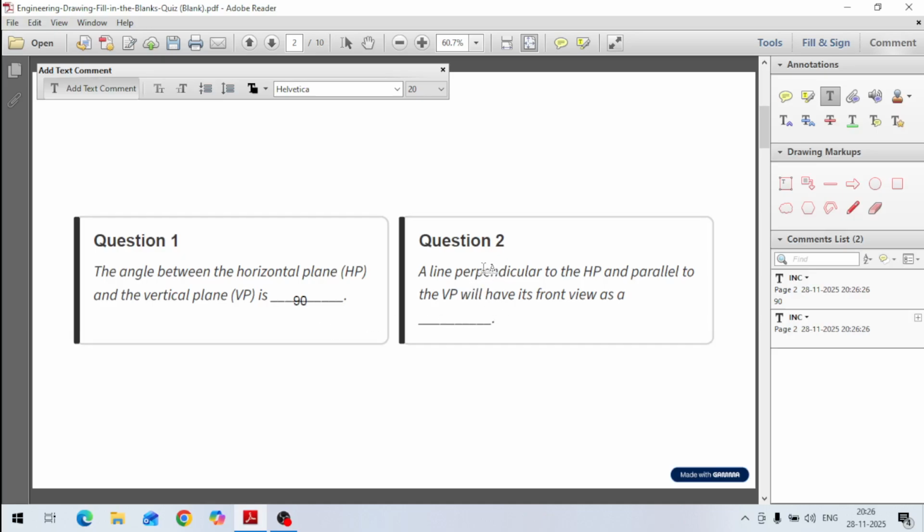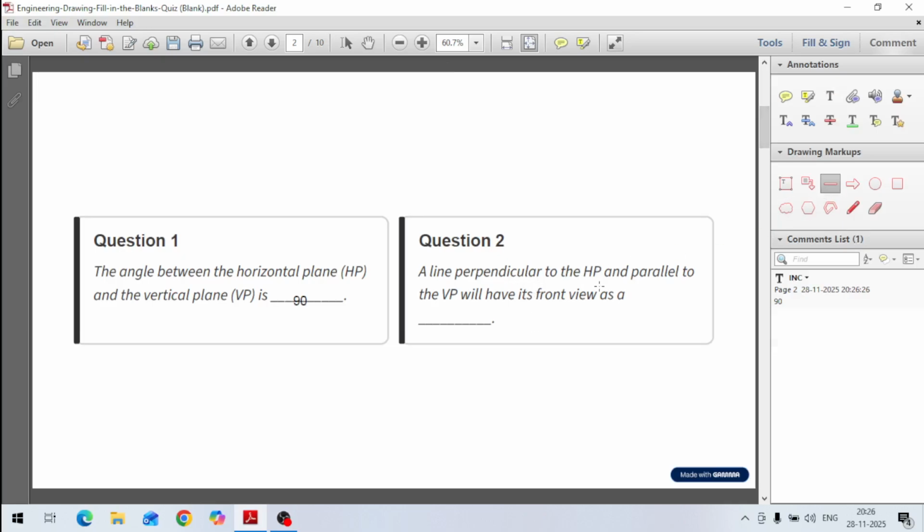Second question is: a line perpendicular to the horizontal plane and parallel to the vertical plane will have its front view as. What will be the front view? Try to understand, this is a line perpendicular to the horizontal plane. This is your horizontal plane, and one is the vertical plane.